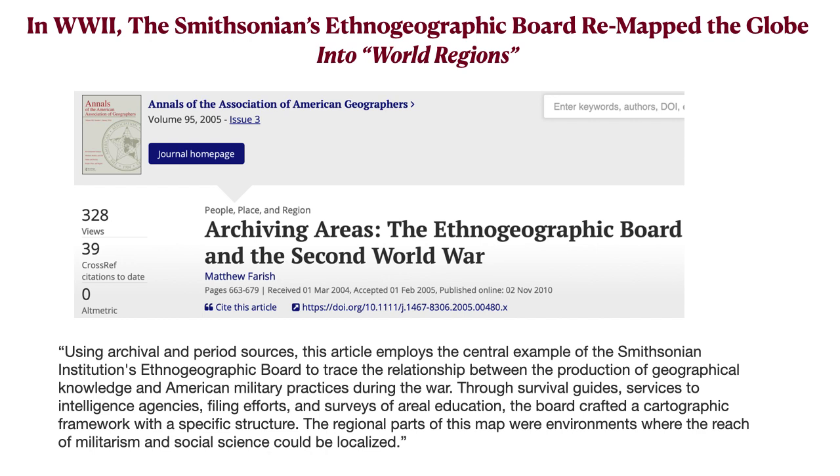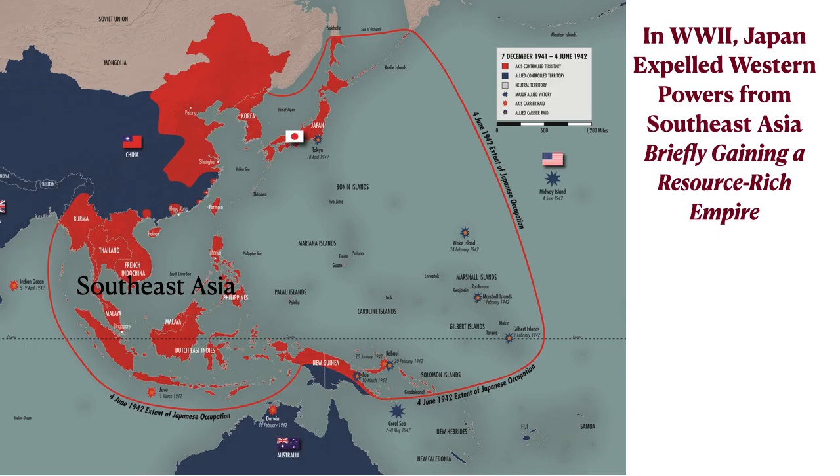The U.S. government thought that a more culturally and historically cognizant model should replace it, and so scholars were brought together literally to remap the world. One of the issues here was Southeast Asia. Southeast Asia had not really been used as a region of the world.